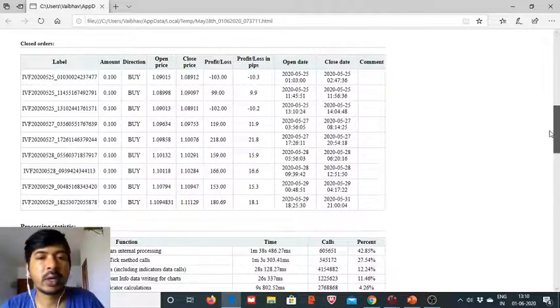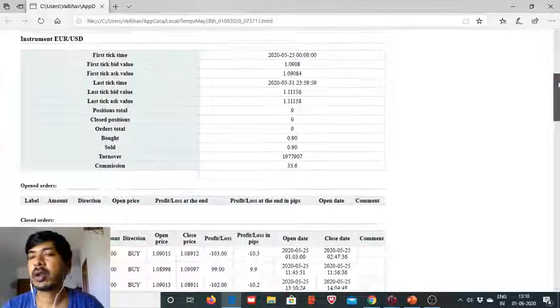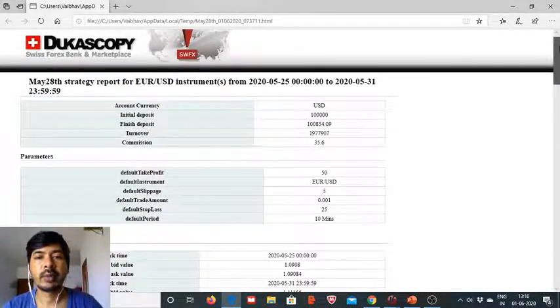So you should better test it for long enough time. But as you can see, our algorithm is working well in identifying and trading with the trend. That's the basic idea behind developing this algorithm, and we have succeeded to some extent.